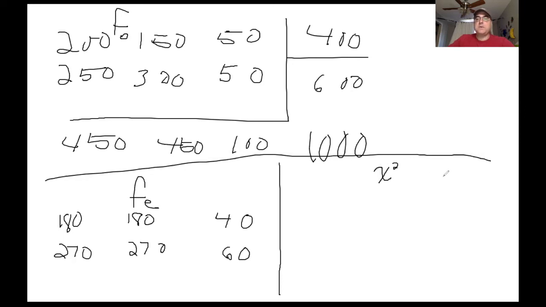are the numbers that will contribute to the chi-square. So for the top left, that is going to be the difference between 180 and 200 squared, which is now 400, divided by the expected frequency, which is 180. So for this one, 2.22 repeating.